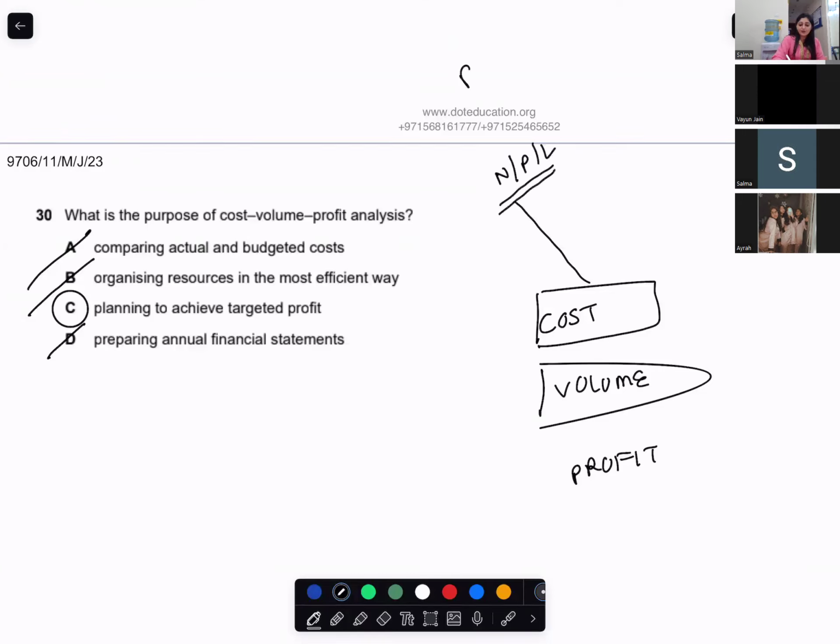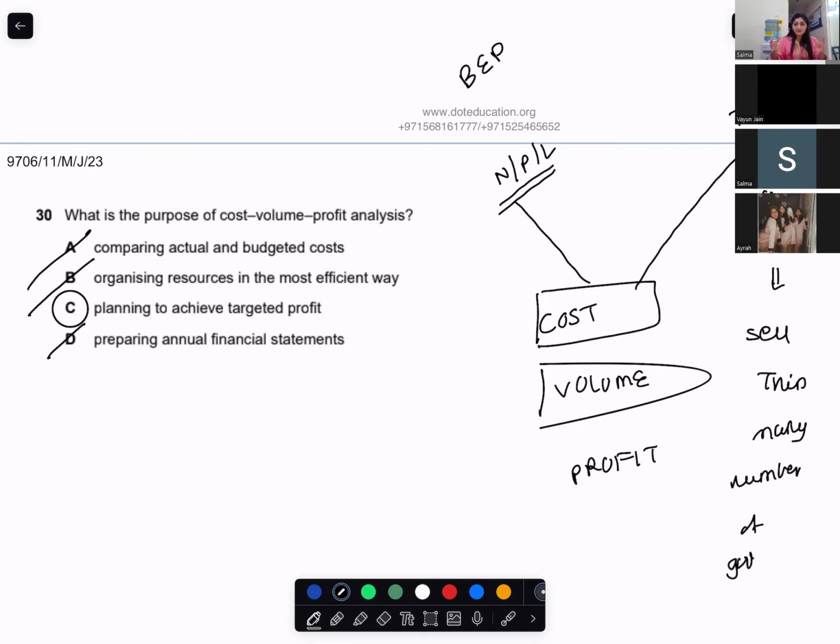At this point you are going to break even. Or it is going to tell you that if you want to achieve your target profits, you have to sell this many number of goods.